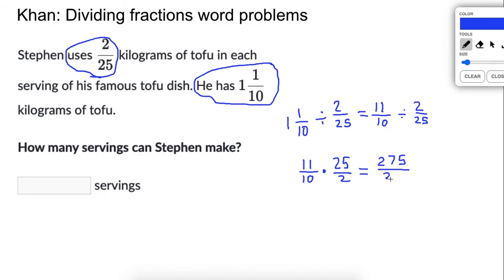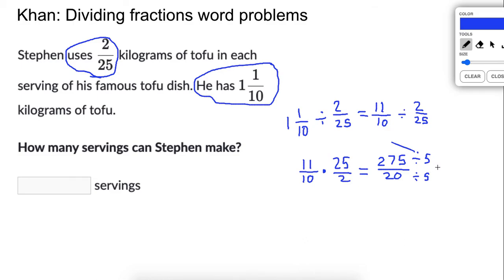275 over 20. Now right there, we can tell 5 will go into both of those, so we can divide them both by 5. Now you may know some other tricks for reducing this, but I'm not worried about that right now.